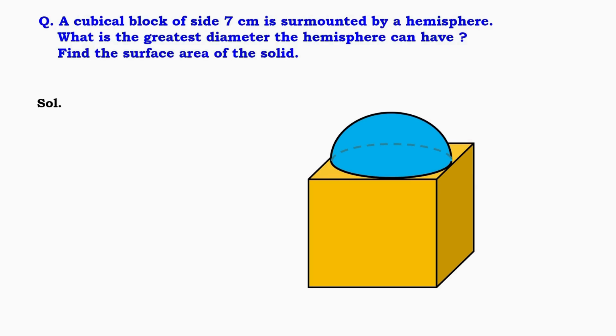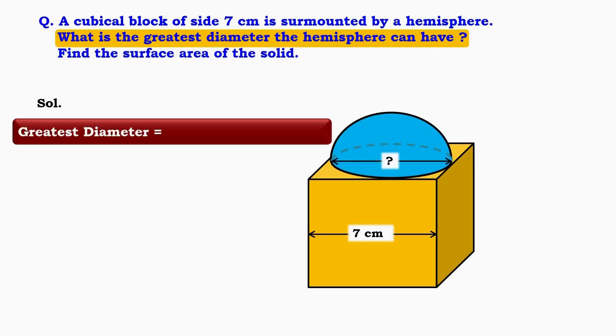So we can clearly see that the greatest diameter is nothing but the side of the cube, because we know that in a cube all sides are equal. So the cuboidal block side is given as 7 centimeter. So the greatest diameter of the hemisphere will be the side of the cube because it is on top of the cube, and that is the maximum the hemisphere can have.